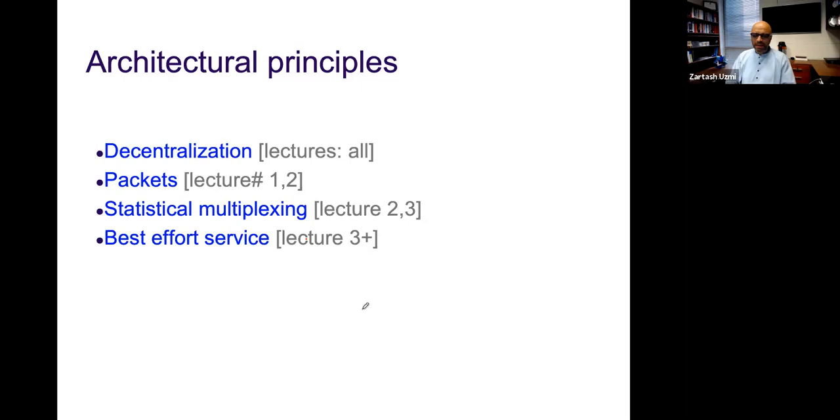So best effort service is provided by the internet, but it is your application which needs to make sure that if your application is using the internet and a packet gets dropped and your application learns that the packet has been dropped, then the application sends that packet again. It should send it again. Okay? So this is one of the core architectural principles of the internet. See, we could have provided guaranteed service.